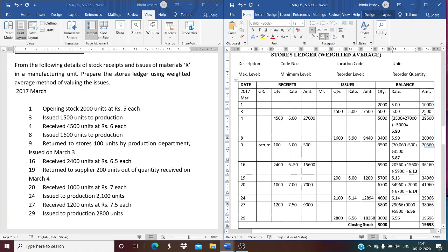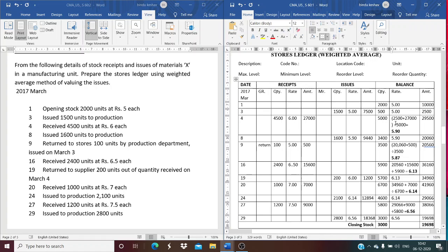So 2500. Now on 4th, received 4500 units at rupees 6 each. So on 4th, there is receipt of 4500 units at rupees 6, 27,000. Now we will have to find out the weighted average price. How do you find it? The quantity is 500 units plus 4500, so it is 5000.